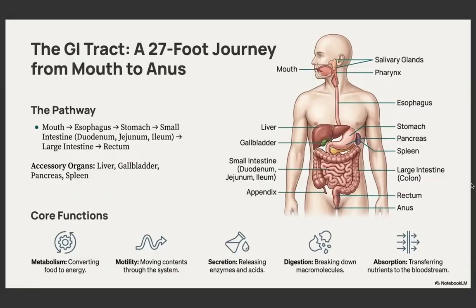So obviously you have your ascending, transverse, descending, and sigmoid colon. After that, we have our rectum and anus. Its whole thing is being able to convert food into energy, move that now useless thing throughout our body for excretion, release the enzymes and all of that, helping break down those macromolecules.